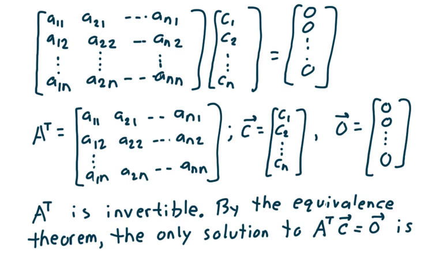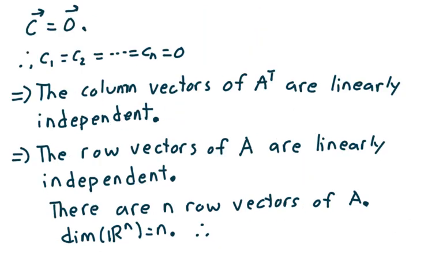And then I'm going to let C equal the column vector c1, c2 through cn, and I'm going to let the zero vector equal the column vector, and again, this column vector is n by 1, whose entries are all zeros. So that's my zero vector. A transpose is invertible, okay? So by the equivalence theorem, the only solution to A transpose times C equals 0 is when C is the zero vector.